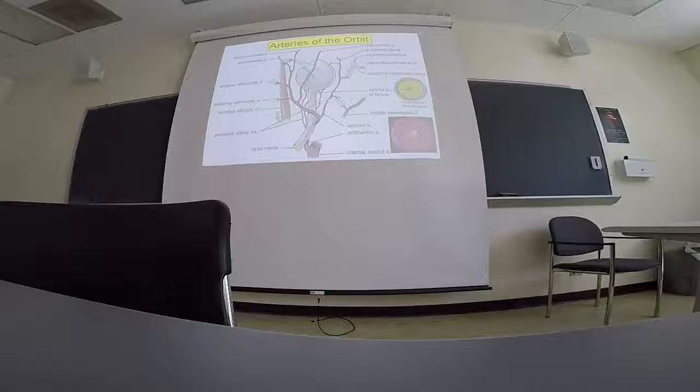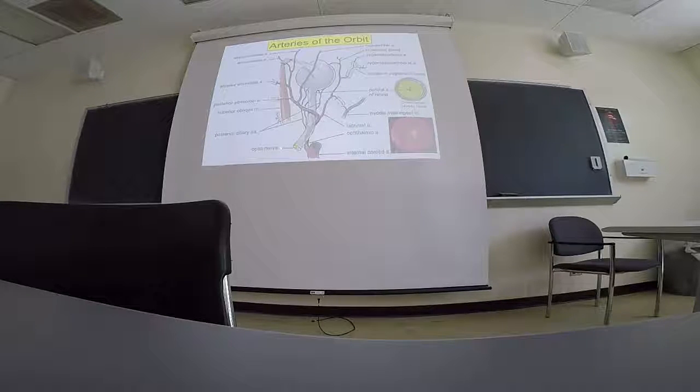So the main blood supply to the orbit, of course, is the ophthalmic artery, and many of you saw this on Monday, this little artery that comes off of the internal carotid artery. So as the internal carotid artery gets into the basicranium, or the middle cranial fossa, really, what you see is the ophthalmic artery is given off and goes underneath the optic nerve.